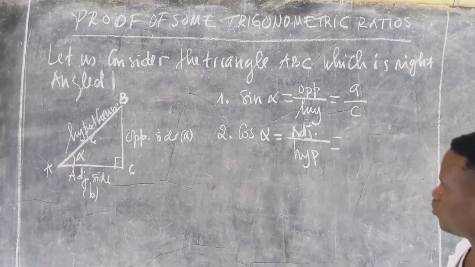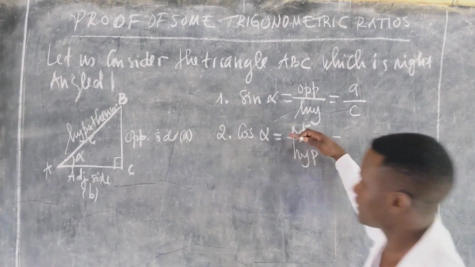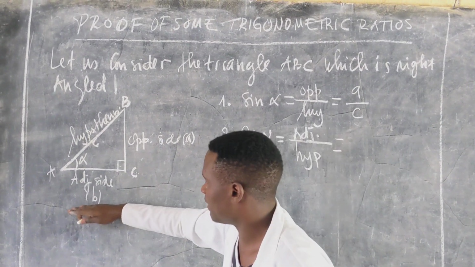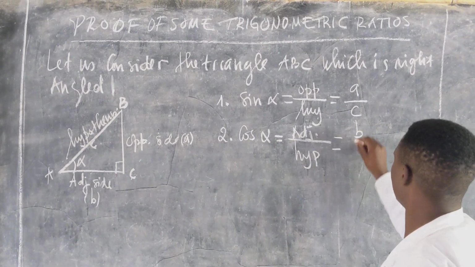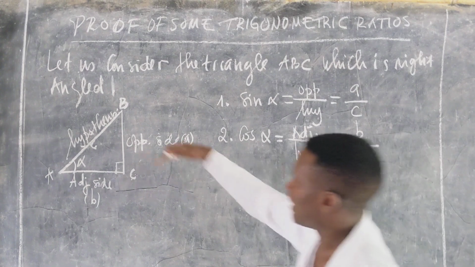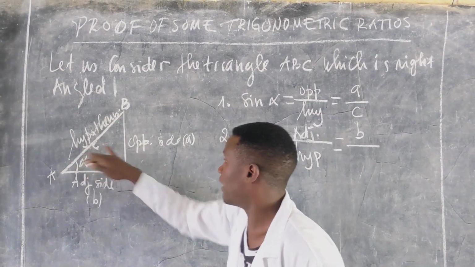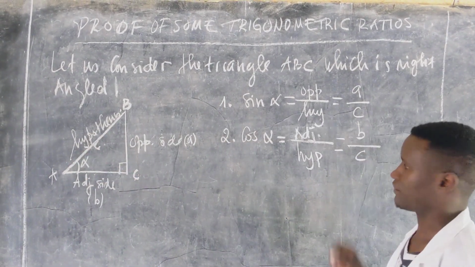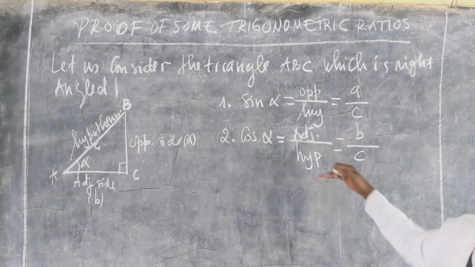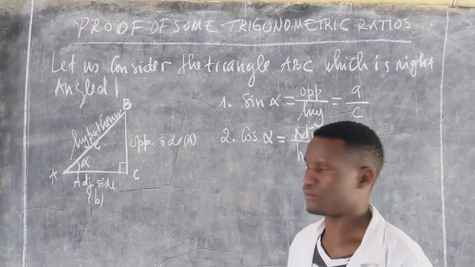This will be equal to the adjacent side denoted by b divided by the hypotenuse denoted by c. This is the second trigonometric ratio.